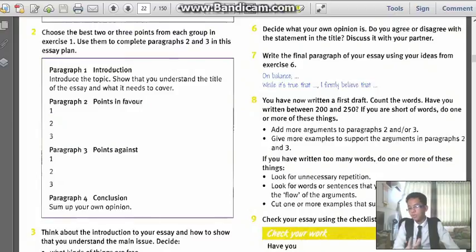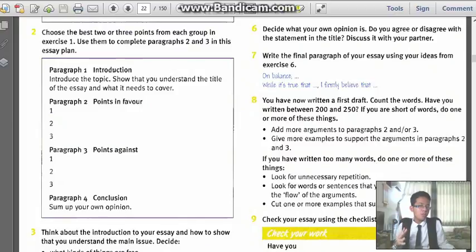Paragraph 2 and 3, fill it up. If you wrote 3, you can put them all in there, but choose the best ones. For this exercise, I wrote only 2, so I will put both of them into paragraphs 2 and 3, so it will be longer.